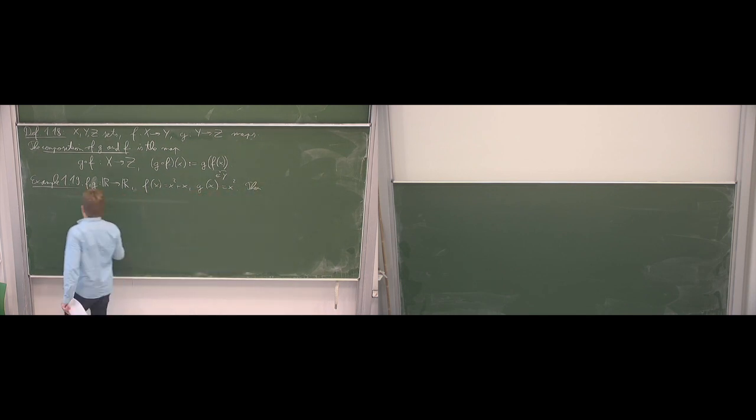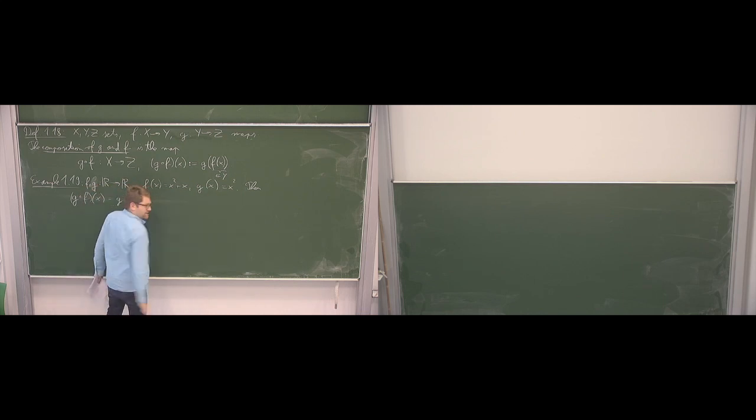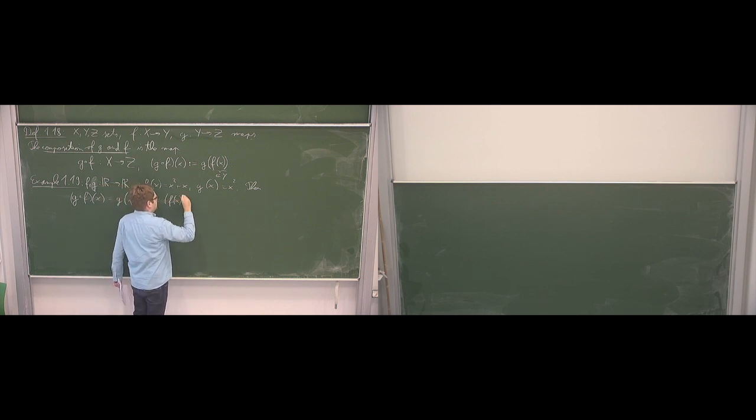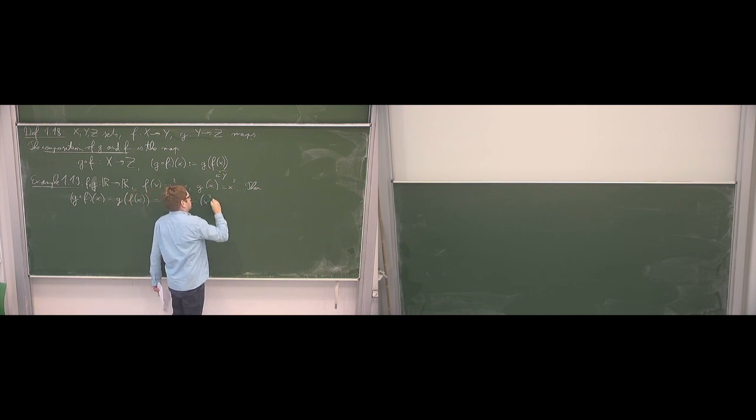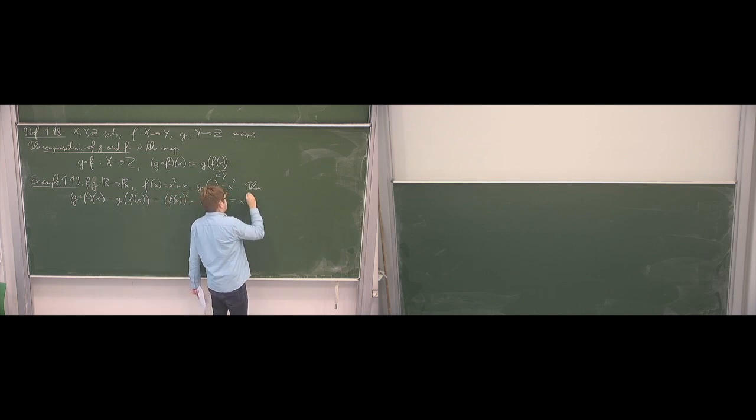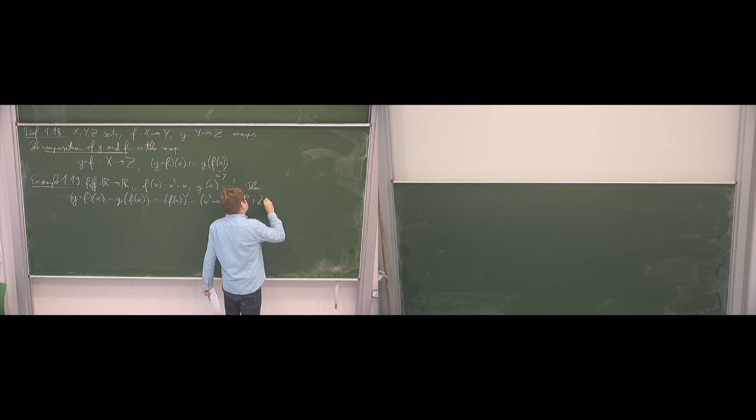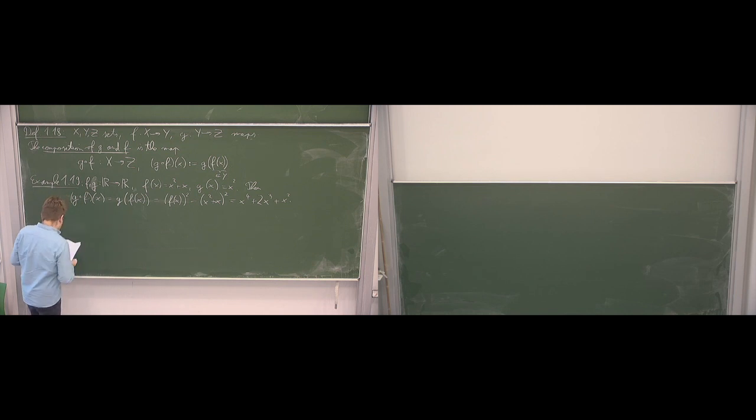Then g circle f of x would be g of f of x. g of something is just that something squared, so this would be f of x squared. And for f of x, we can just insert the formula: this is (x squared plus x) squared. Assuming we already know how to compute with real numbers, this is x to the 4 plus 2x to the 3 plus x squared. Done. This is a notion that we will frequently need.